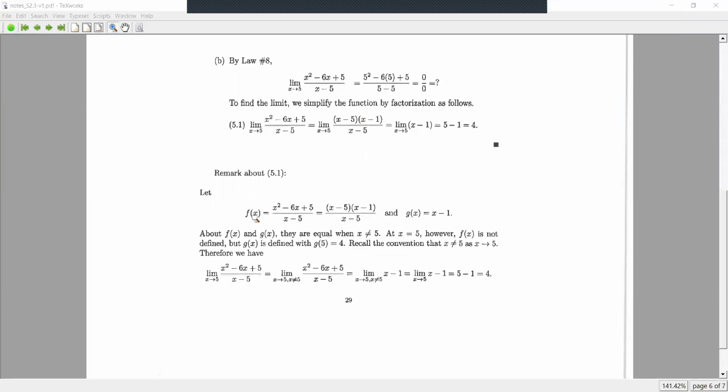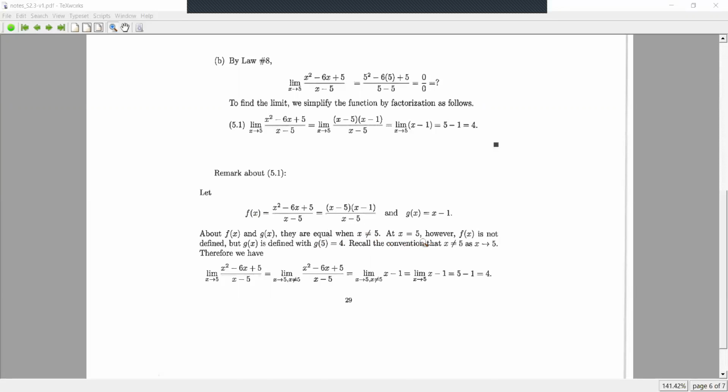About these two functions, f and g, they are equal everywhere except at the point 5. For example, when you plug in the number 6 in all the x, then it's easy to see that the function value of f at point 6 is equal to the function value of g at point 6.